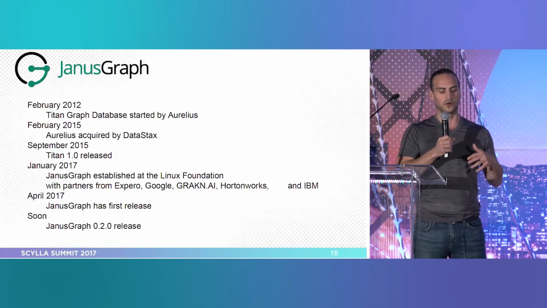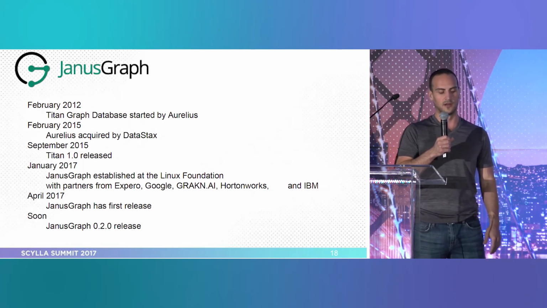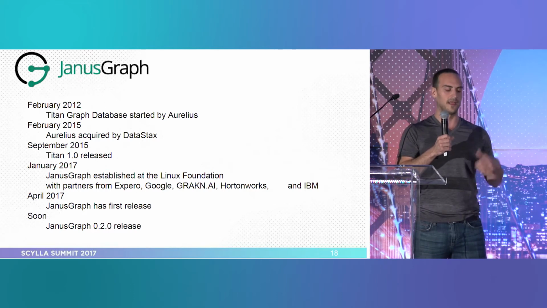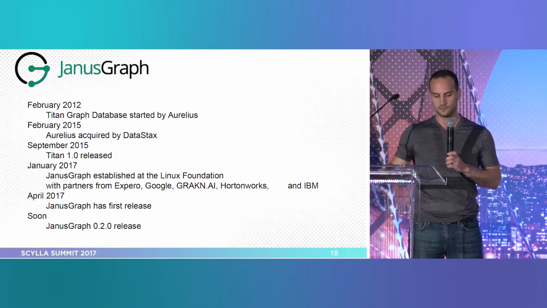A lot of companies were already using the open source project and really upset about this, the fact that it just kind of died. So, you know, a few people from a few big companies like Google, IBM, etc., got together, forked Titan, created Janus Graph, and made it an official open source project at the Linux Foundation. And then, fast forward, it has its first release, and then the second release, 0.20, was released 2 weeks ago.